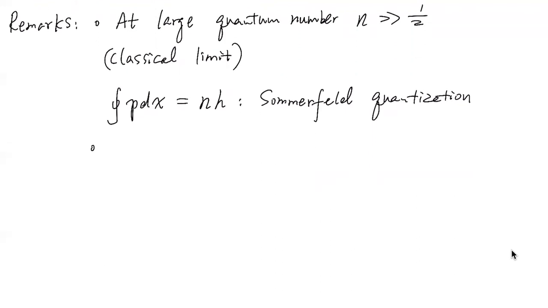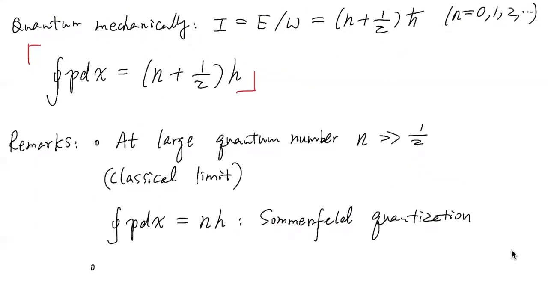Another remark that we see here is that the adiabatic invariant is characterized by the quantum state, or by this quantum number n. Classically, we know I doesn't change with respect to time under an adiabatic process. And quantum mechanically, the adiabatic invariant is characterized by the state n, or by the quantum number n.